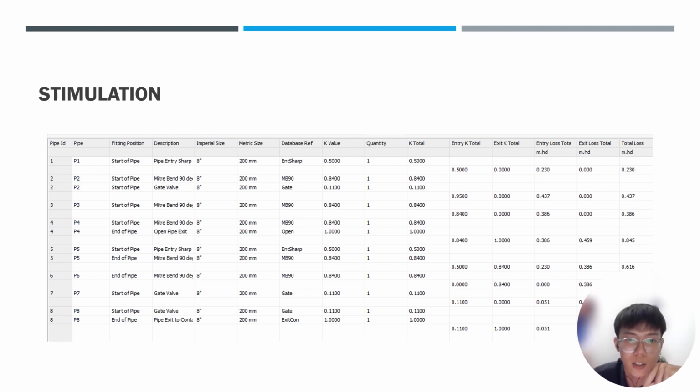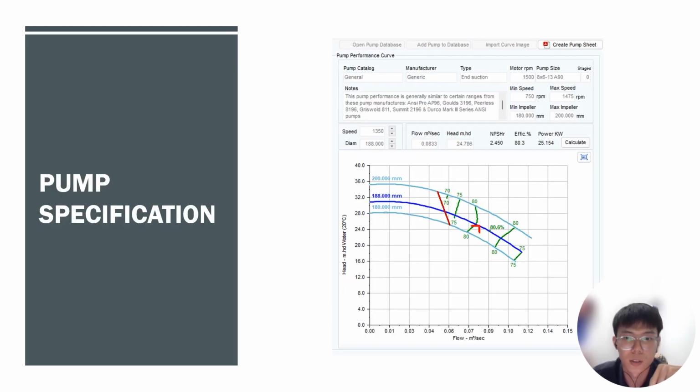Okay, all these values will be used for further calculation. And this one is the pump specification that I use: 1350 rpm, diameter 188 millimeters, and here it shows the value of flow in cubic meters per second, and the head loss, efficiency, and power in kilowatts. And this is a graph for the pump.